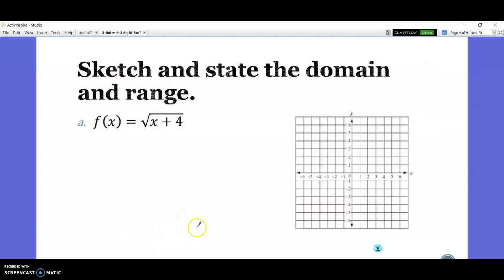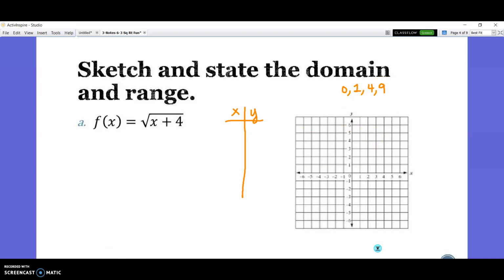Okay, sketch and state the domain. So in order to graph this, remember, I'll make a table of my x and y values. Numbers that you can take the square root of are 0, 1, 4, 9.